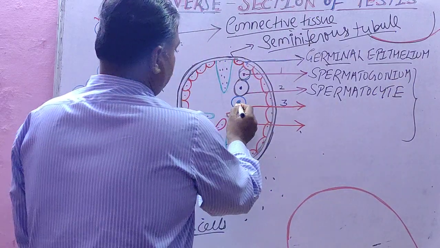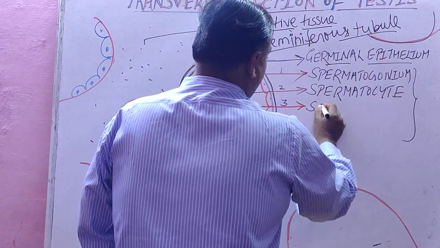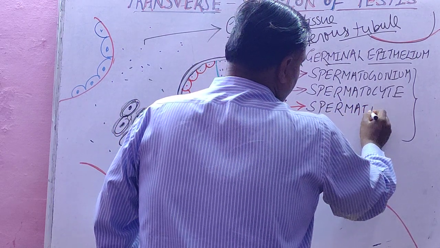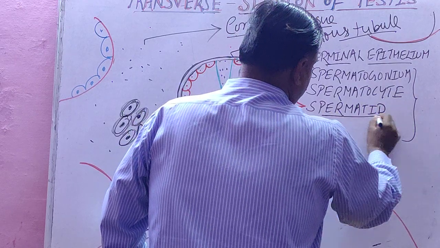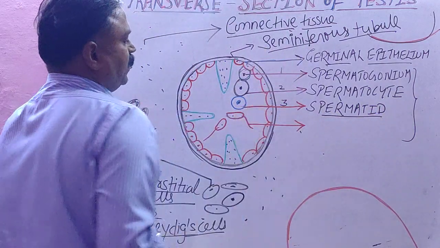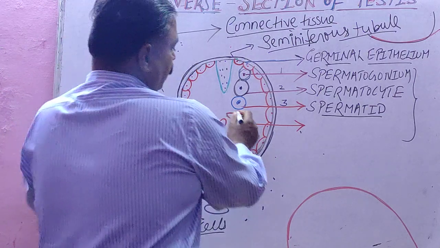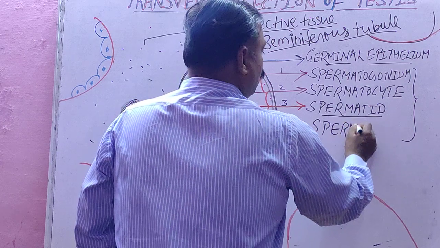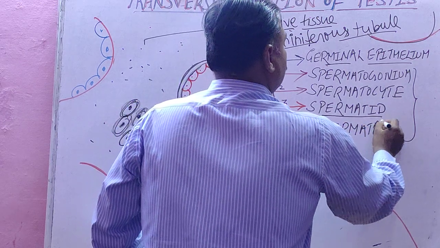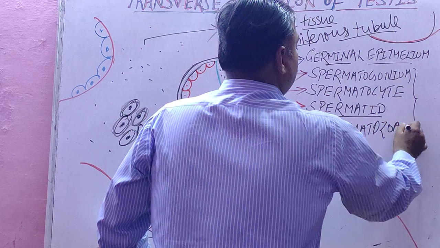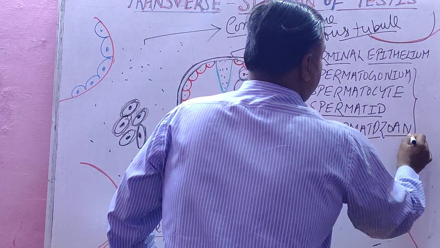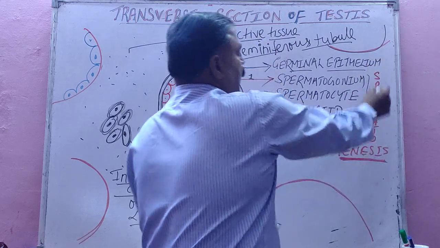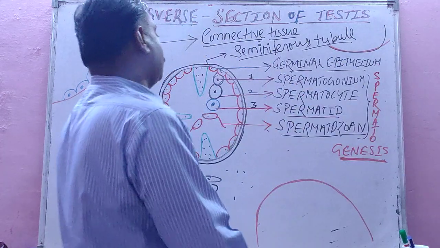Then third one, spermatid. Student, these 3 stages are very important. And when this spermatid develops tail, it becomes mature sperm or spermatozoa, spermatozoon, isn't it? We are studying spermatogenesis in detail in another question.